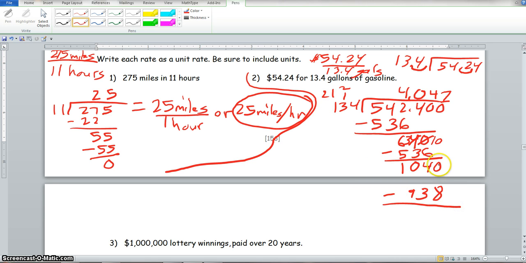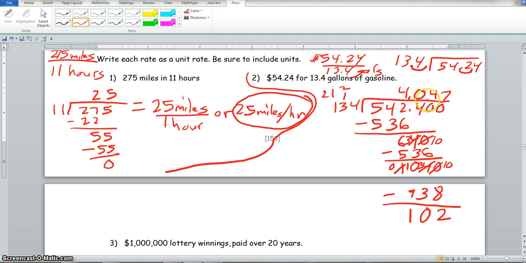So we subtract. We cannot subtract 8 from 0. So we'll borrow 1 from this 4. That 4 would become a 3, and the 0 would become 10. 10 minus 8 is 2. 3 minus 3 is 0. We cannot subtract 9 from 0, so we borrow 1 from this 1, and we add 10 minus 9, which is 1.